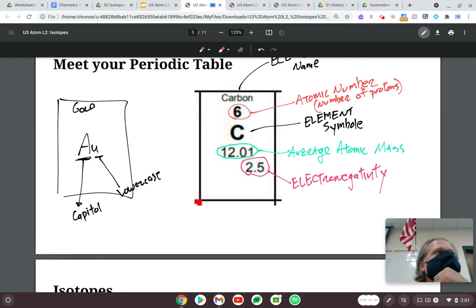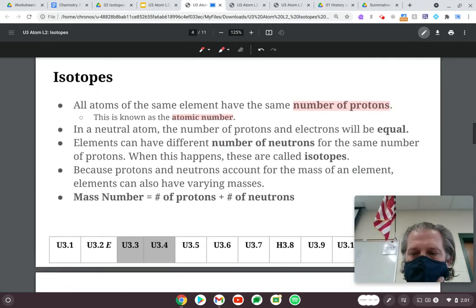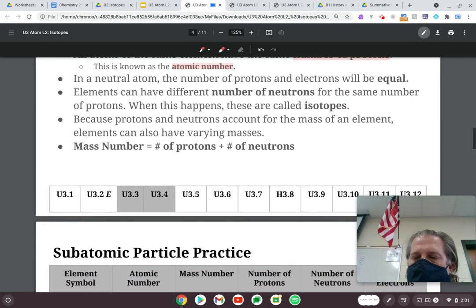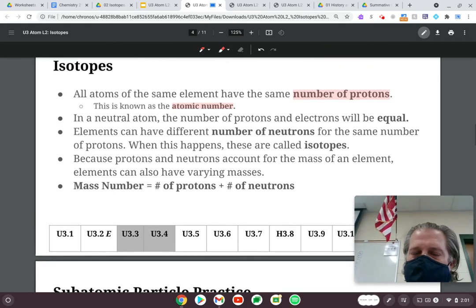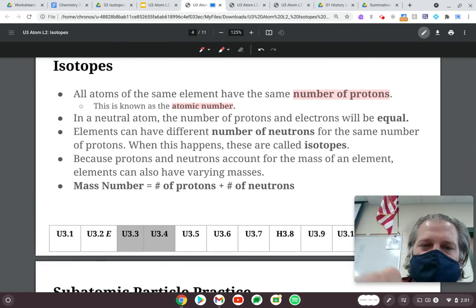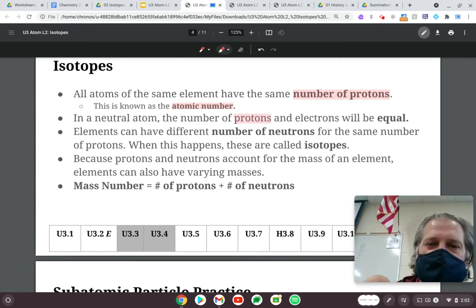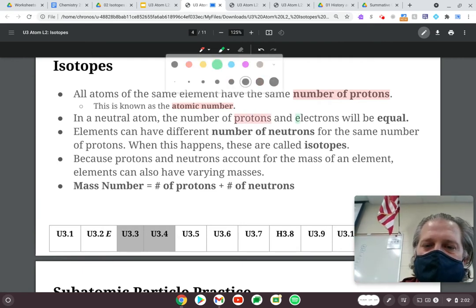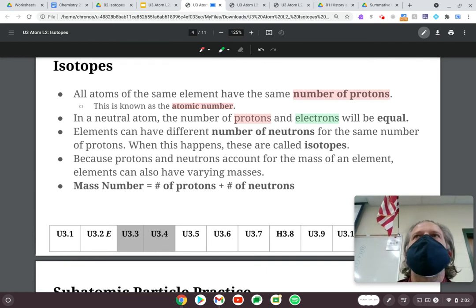Okay, number of protons. Now, in a neutral atom, the number of protons and the number of electrons will be the same.